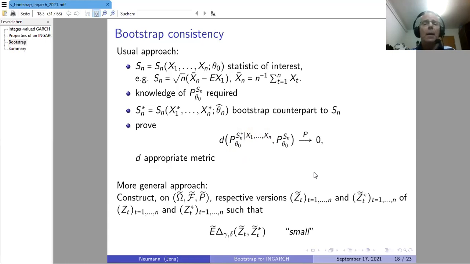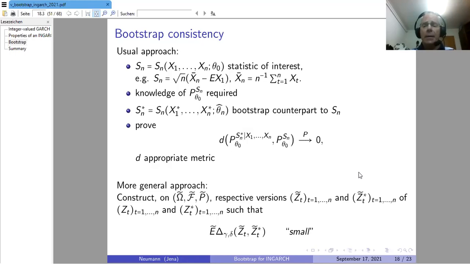Here, I would like to present a different approach, namely an approach which is again based on coupling ideas. Namely, we have two processes: the original process, the Xt process, and the bootstrap version, the Xt star process.